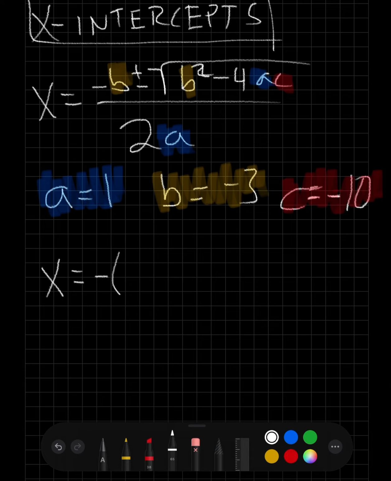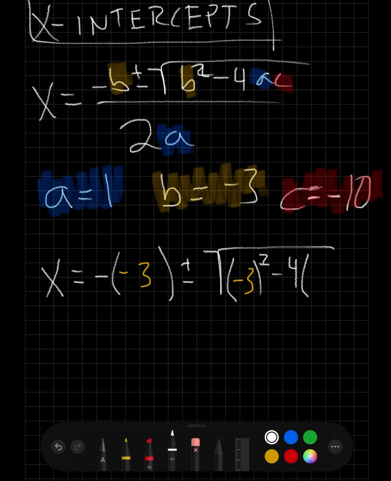X is equal to negative (-3) plus or minus the square root of (-3) squared minus 4 times a is 1 times c is negative 10.